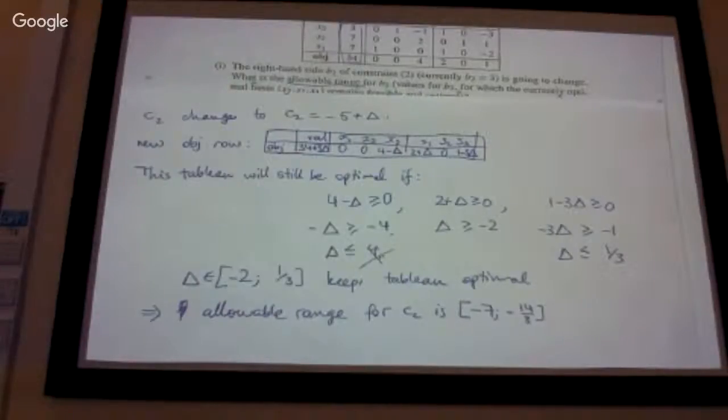So when you get inequalities like that, and they all have to be satisfied, you're always looking for the smallest upper bound and the largest lower bound, and those are the two numbers that define the interval.